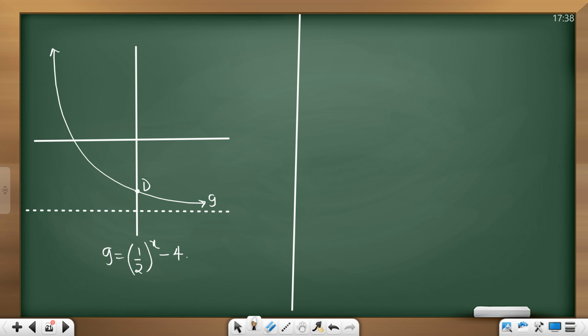The question says, calculate the coordinates of D. What do you notice about D? D is the y-intercept. X equals 0, oh sweet, anything to the power 0 is 1, and I'm done.